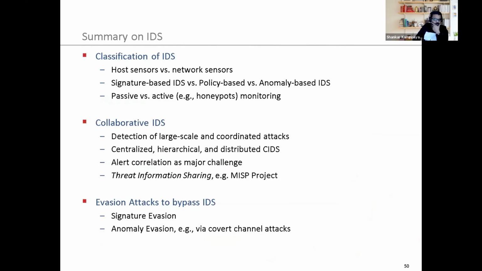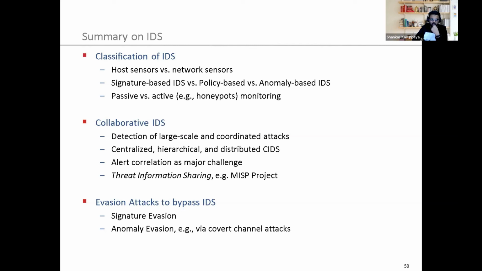Okay. So, a summary on IDS systems. We spoke about classification of IDS. We spoke about host-based versus network-based. We briefly spoke about signature versus policy versus anomaly-based IDS systems. We spoke about passive monitoring, and we haven't spoken about honeypots yet. We will cover that next.